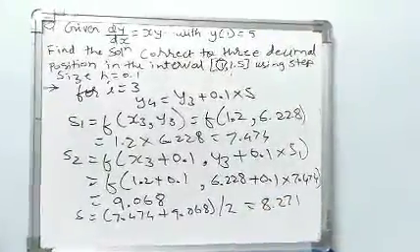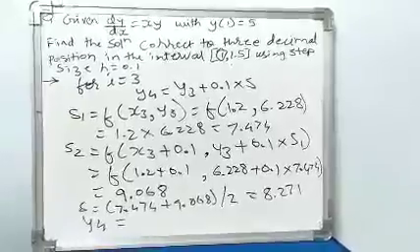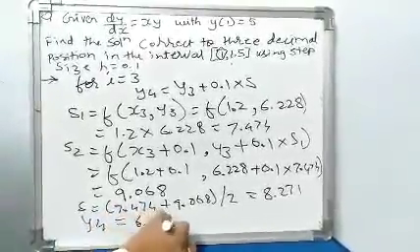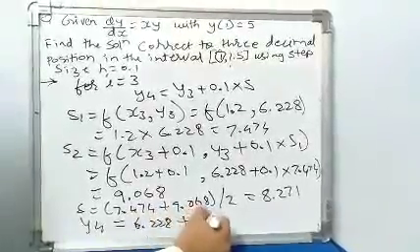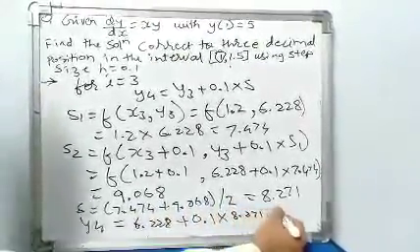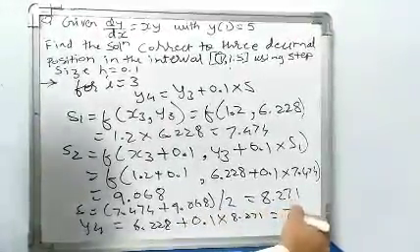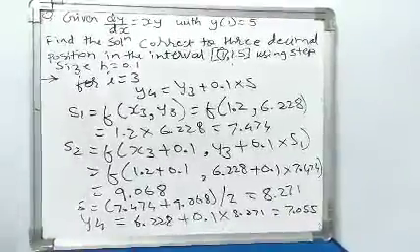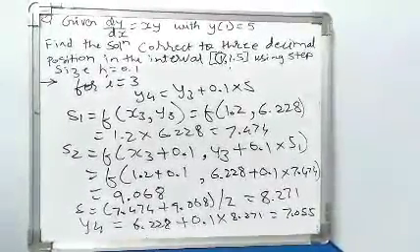And y4 is equal to 6.228 plus 0.1 into 8.271, which is equal to 7.055. So the value we got is 7.055.